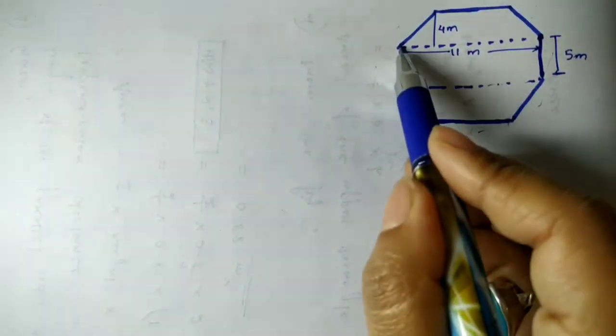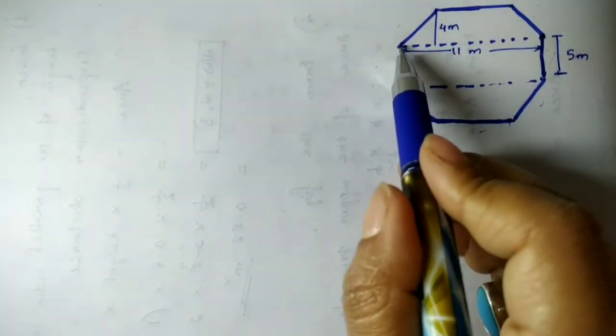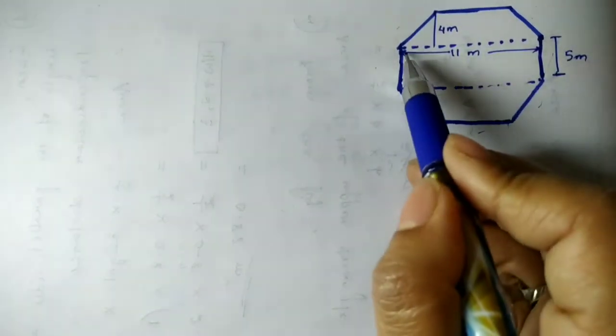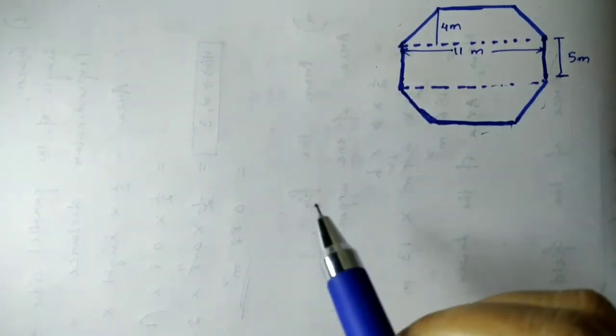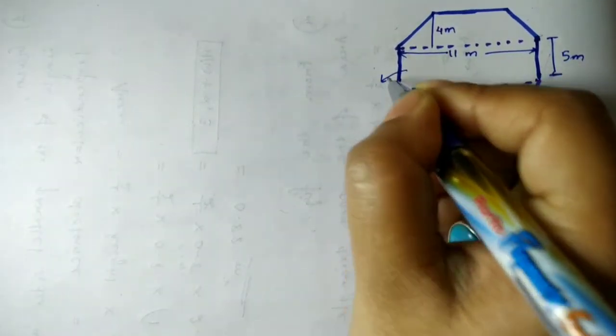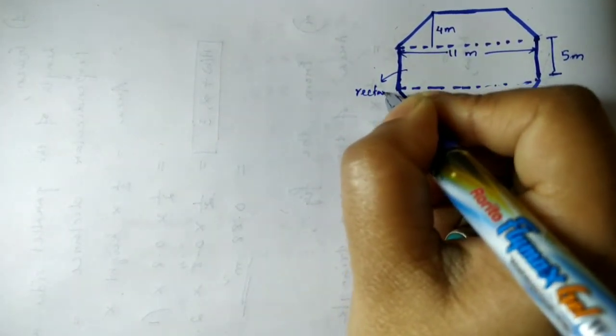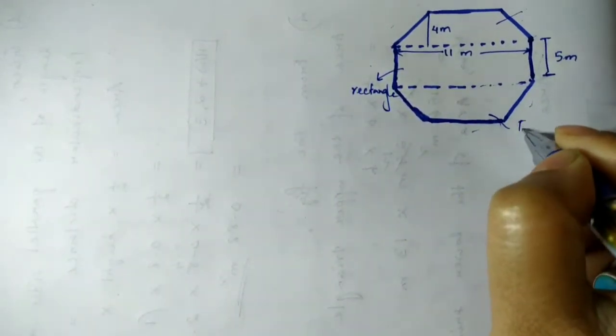Then the diagonals are drawn, two lines are drawn here. And this measurement is given as 11 meter. And this particular height is given as 4 meter. Now, if you can see, this upper part and the lower part look like a trapezium. And the middle part looks like a rectangle, right? Obviously, this and this look like trapeziums.